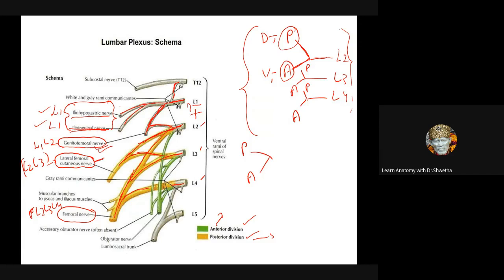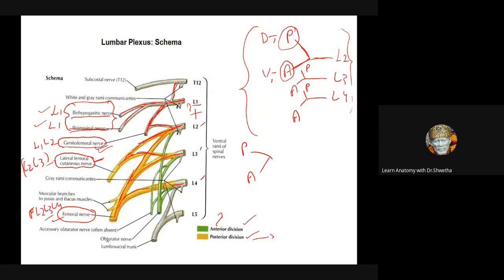You tell me the root value, students. The posterior division of the ventral rami of L2 and L3. Very good. Tell me the femoral nerve's branches. L2, L3 and L4. Which branches? Posterior branches. And if you see here, the femoral nerve is the largest nerve of this plexus.